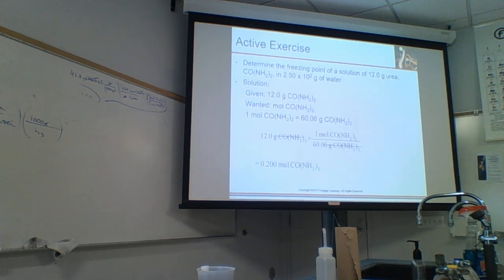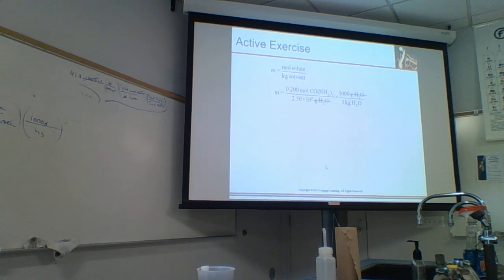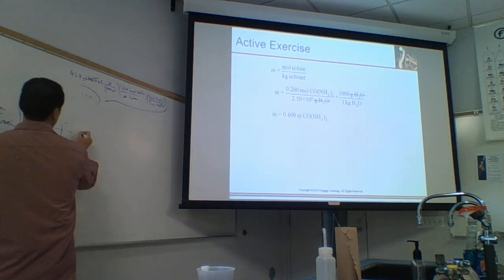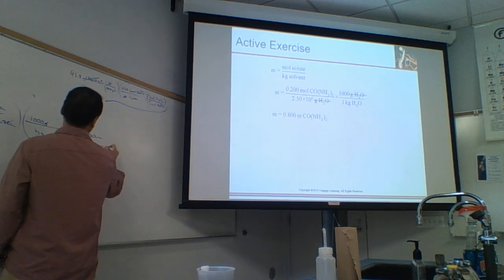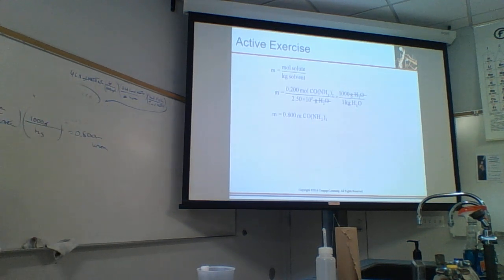They calculate 0.200 moles of urea and 0.250 kilograms, and that gives us 0.800 molal, with a little m.